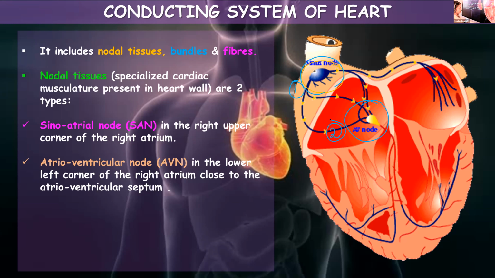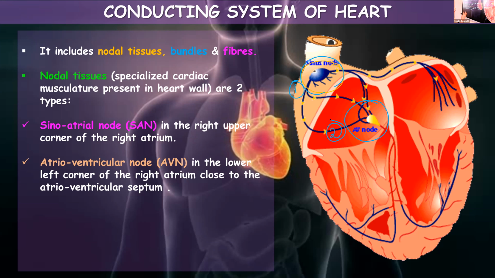Both are present in the right atrium, one on the upper right corner and the other on the lower left corner. Easy to remember: upper right, lower left. These nodal tissues are a small mass of specialized cardiac muscle fibers.